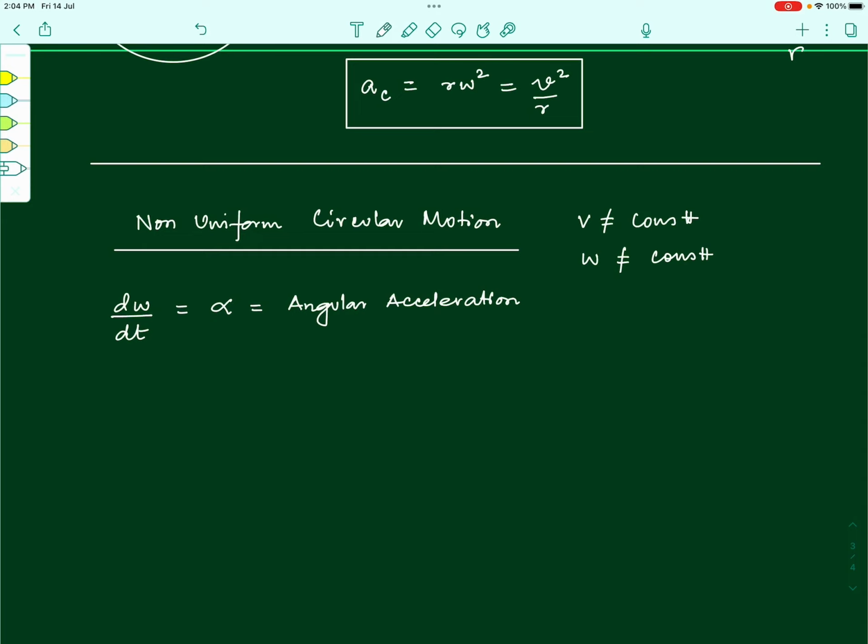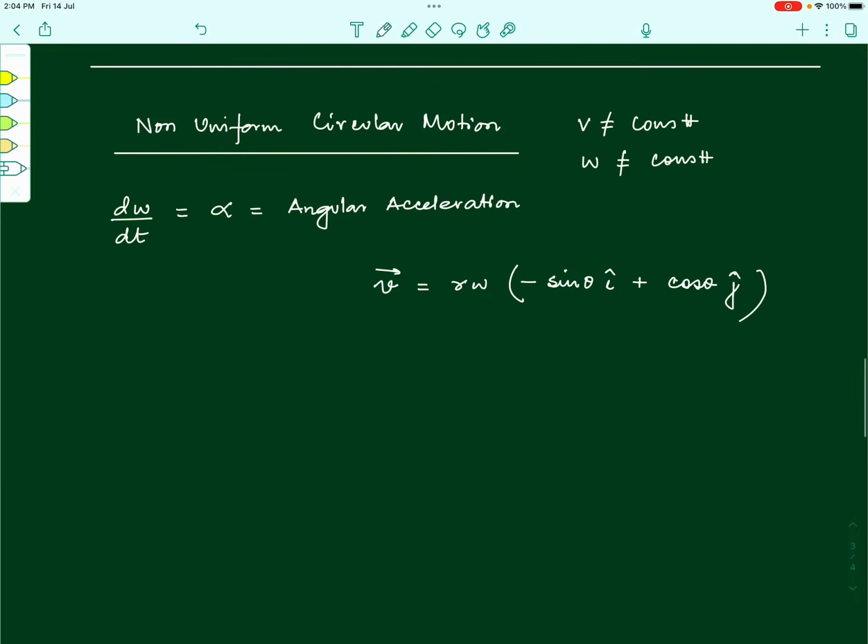So having defined this, let's get back to the velocity expression that we have already obtained, r omega into minus sine theta i cap plus cos theta j cap. And now when we try to differentiate it to find the acceleration vector a, which will be dv by dt, understand that we have to differentiate two terms.